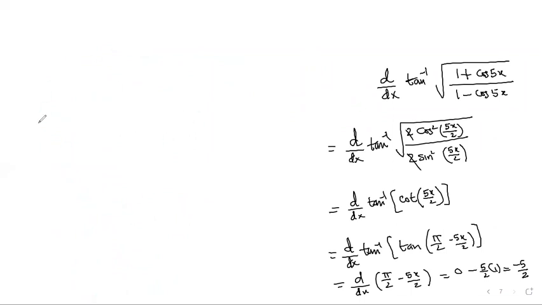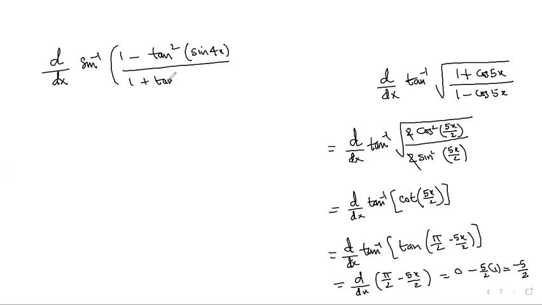Okay, another question. D by dx of sine inverse of 1 minus tan square sine 4x divided by 1 plus tan square sine 4x.